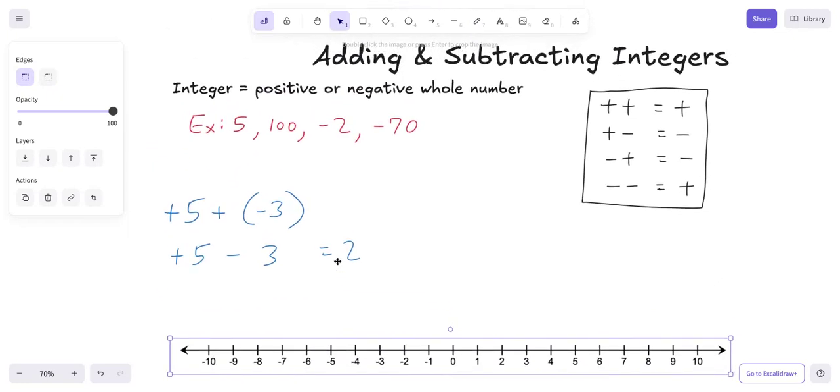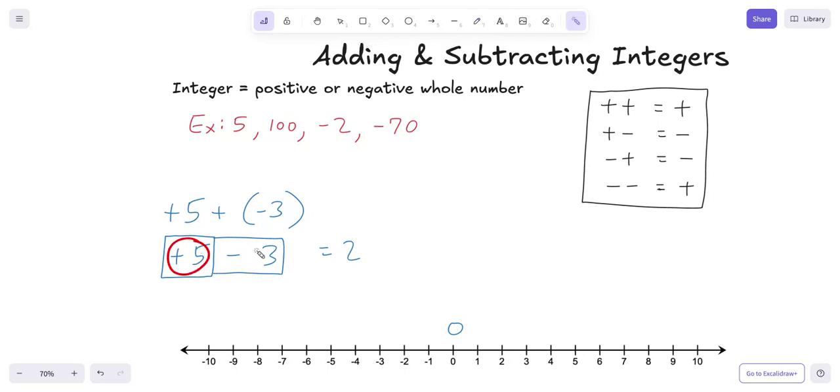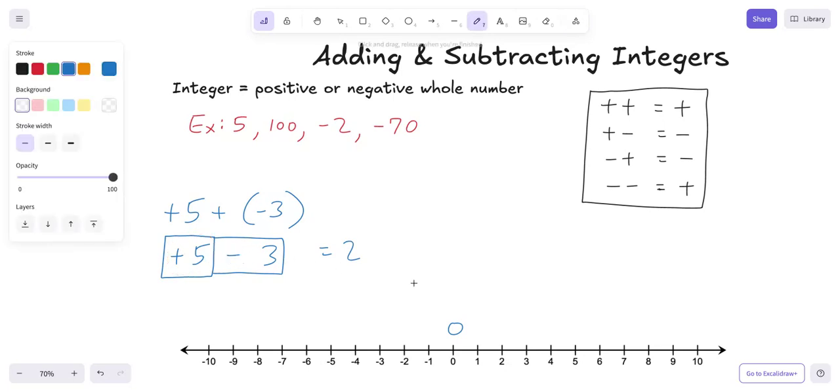We always start at 0. So I like to think about the number and the sign in front of it. I'm going to break this down into basically +5 and -3. Well, +5 is first.